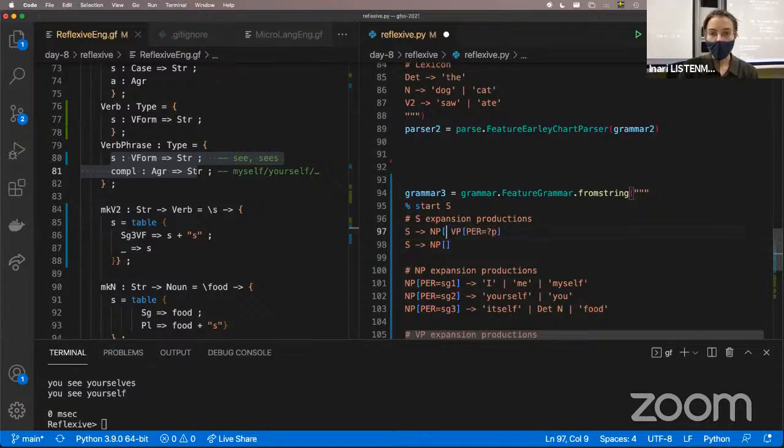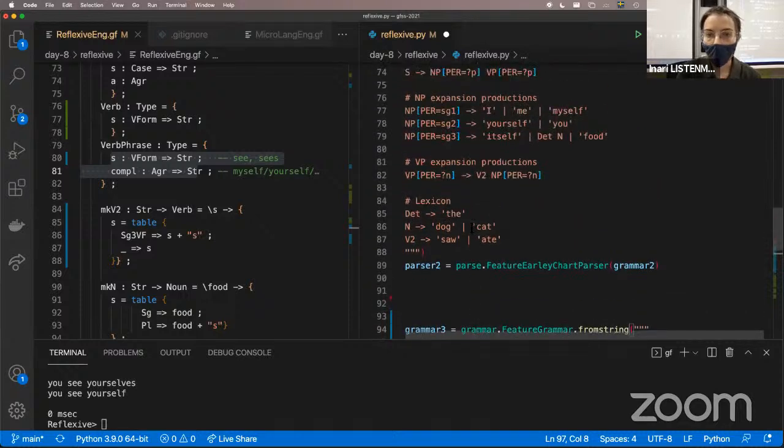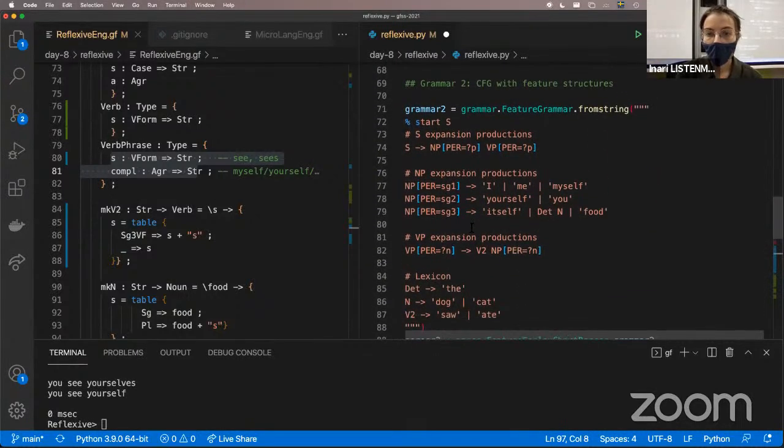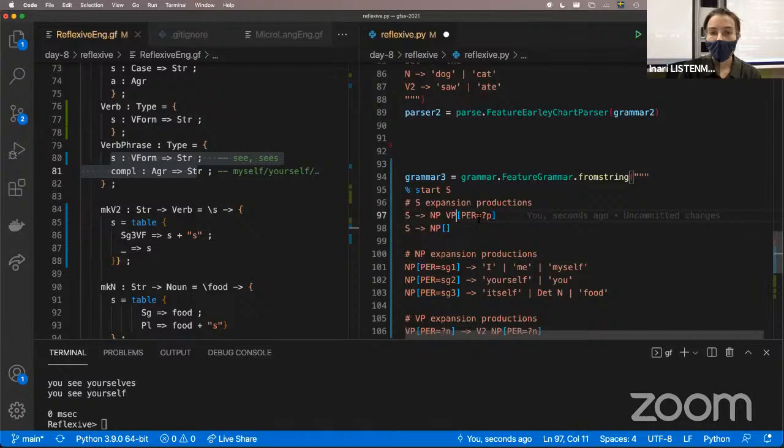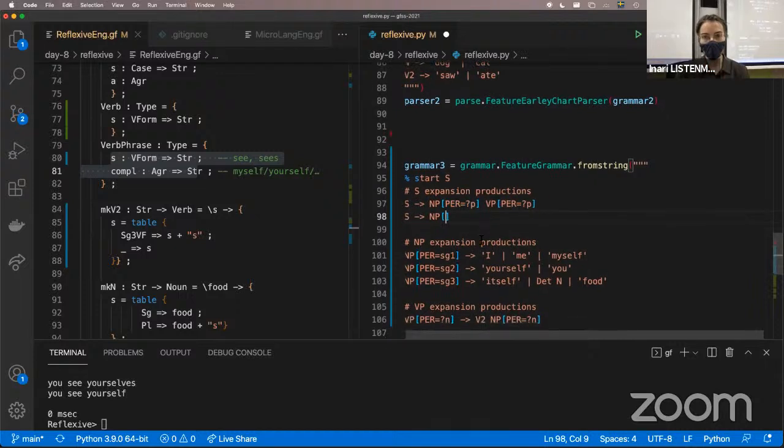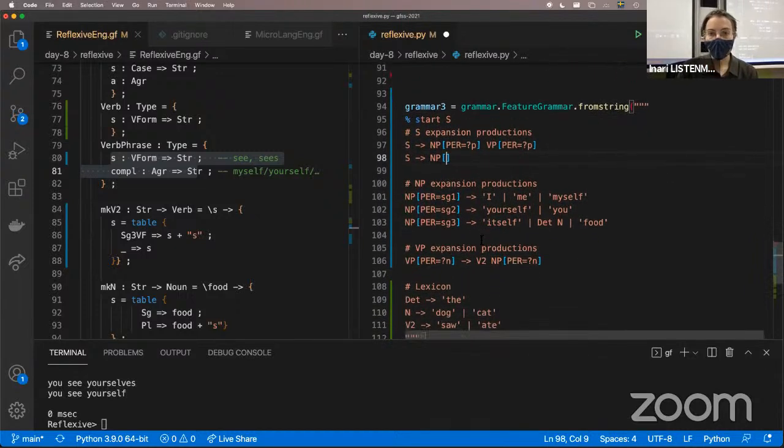So this one should be just, is this how you do it? Let's keep this. Let's see how it works. So I'm going to separate the types. I'm going to make sure that we don't make a VP out of the reflexives.